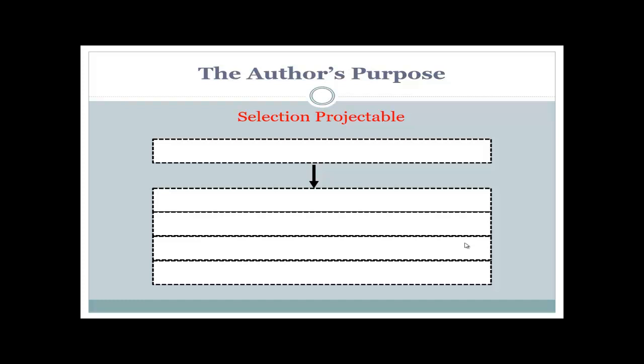Open up your selection projectable and fill in the chart with me. So, what is the author's purpose? How important is it to restore the Everglades? What are the details that the author provided in the text to make the reader agree with his point of view, to make the reader agree that it is important to restore the Everglades? Detail number one, a huge number of species live in the Everglades.